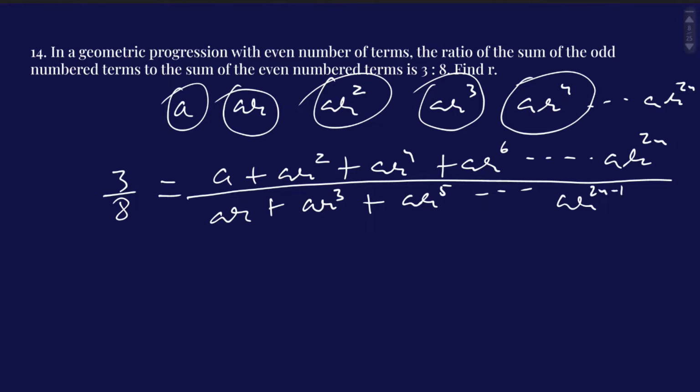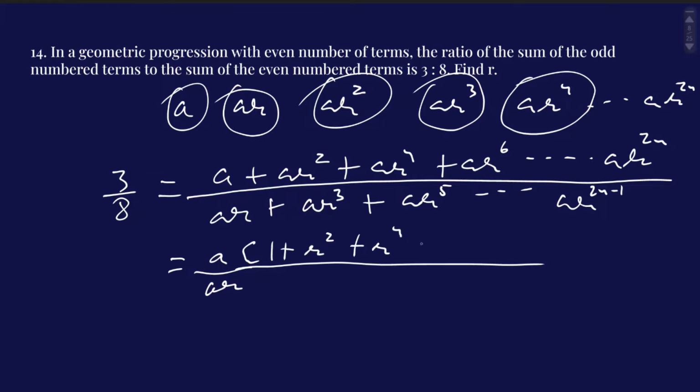So we can take a common in the numerator and ar common below. If we take a common in the numerator, it is going to be nothing but 1 plus r squared plus r to the power 4 plus r to the power 6, and so on.